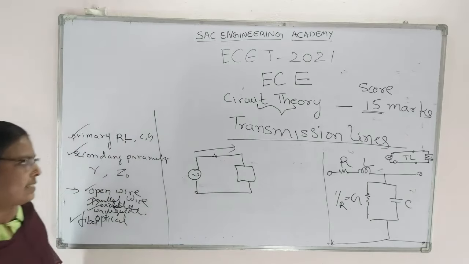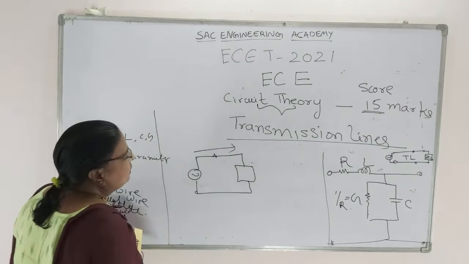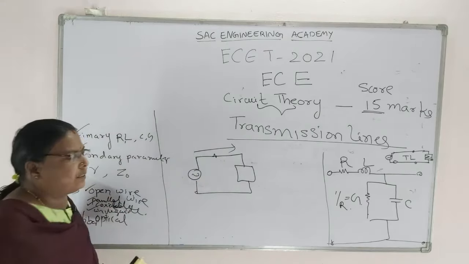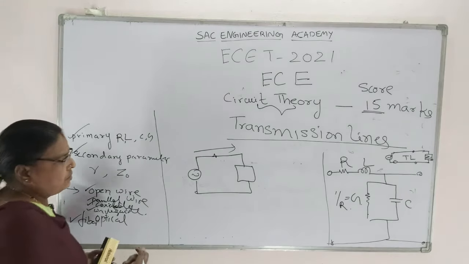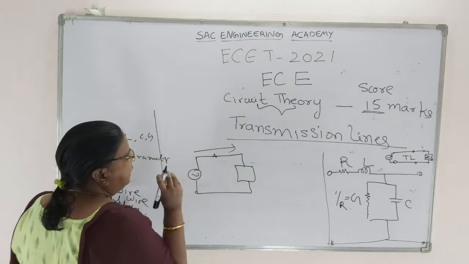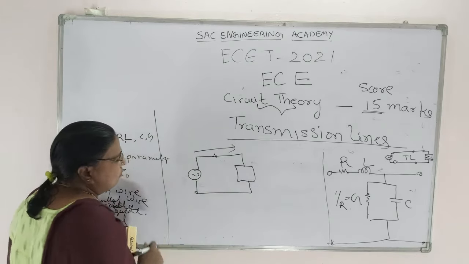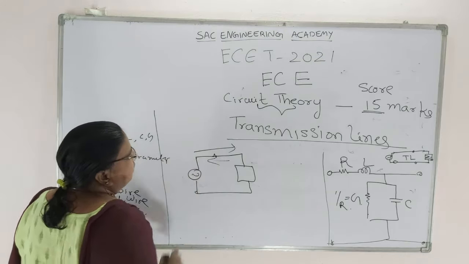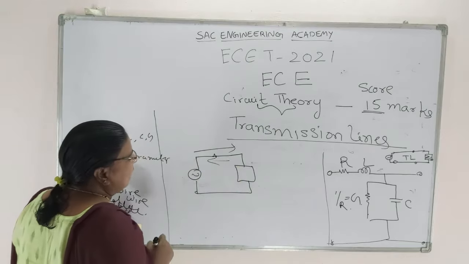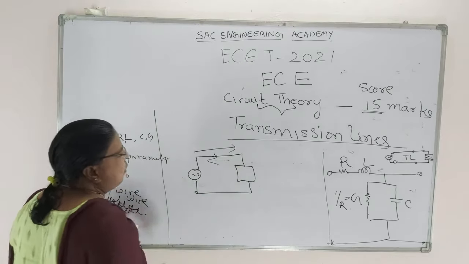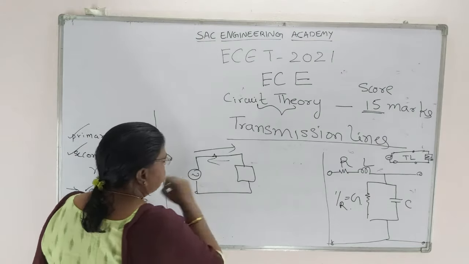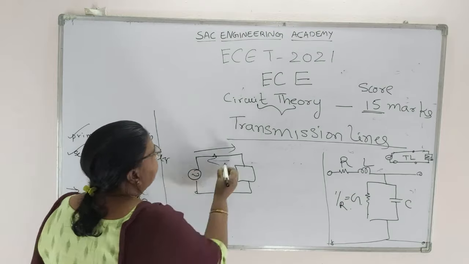You transfer the signal from one point to another point, and on the output side you expect 100% of the signal from the source to be transferred, which means nothing will go back. If some part of the signal returns back, you lose the signal.